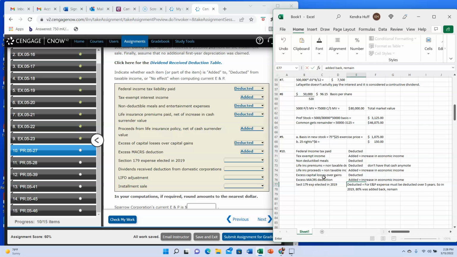And then for the remaining 4 years, 20% of it is deducted. All right, dividends received deduction.